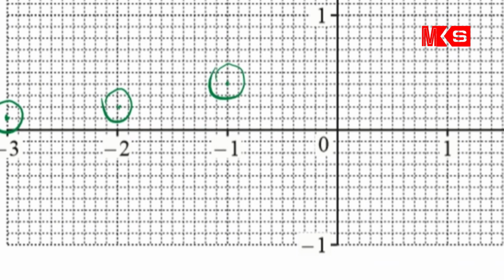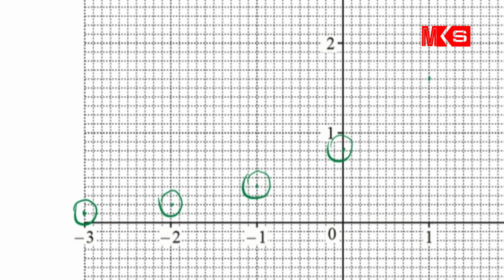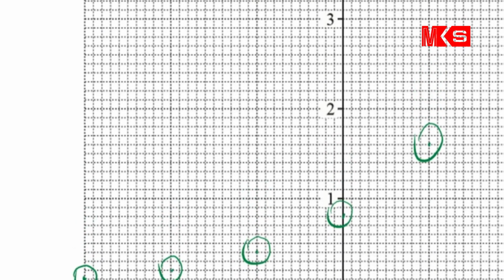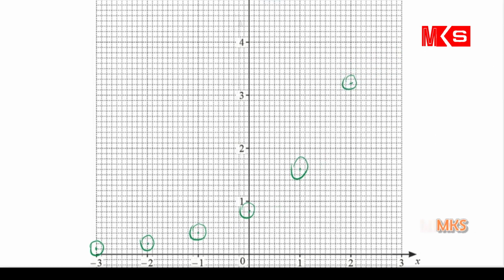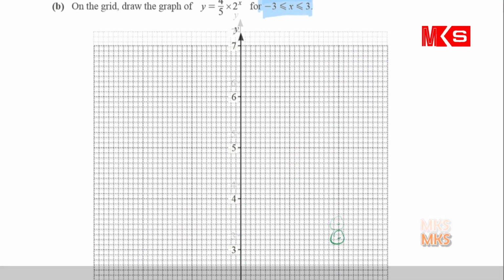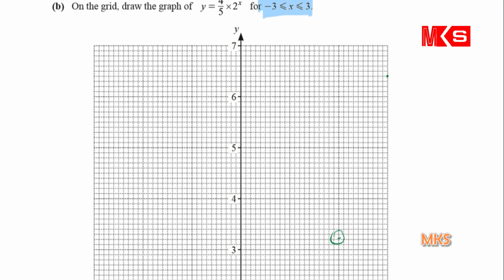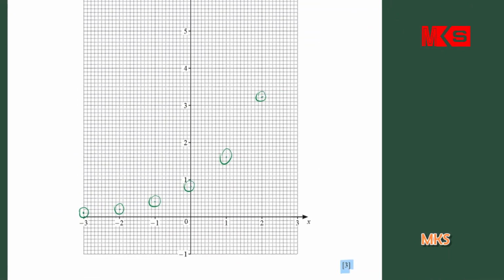At 0, 0.8, which means the y-intercept is 0.8. At 1, 1.6. At 2, it is 3.2. And at 3, it is 6.4. So we have plotted all the points.